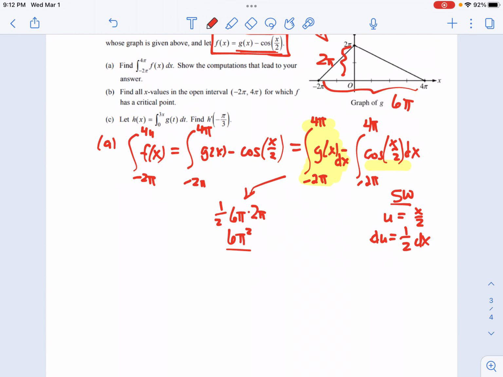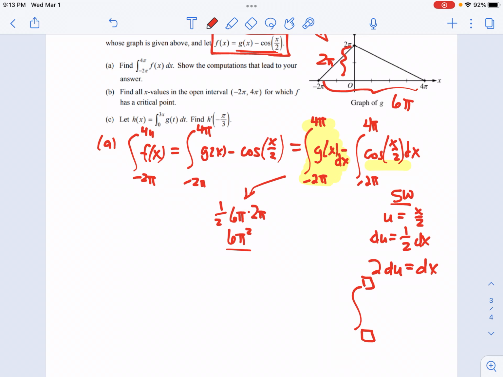Then I'm going to rearrange that a little: 2 du equals dx. I'm still with the side work here. I need to change those limits of integration, but I'm going to keep them as boxes for now, and I'm going to bring it back to x pretty soon.